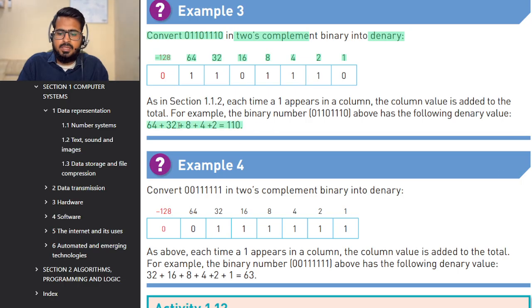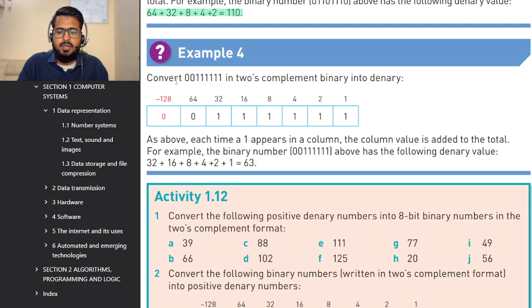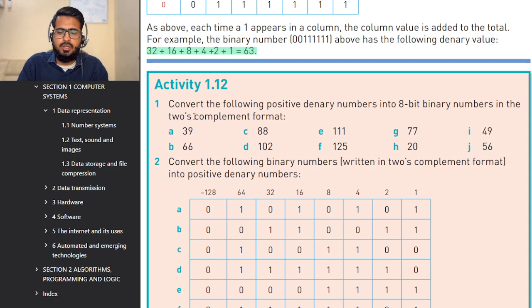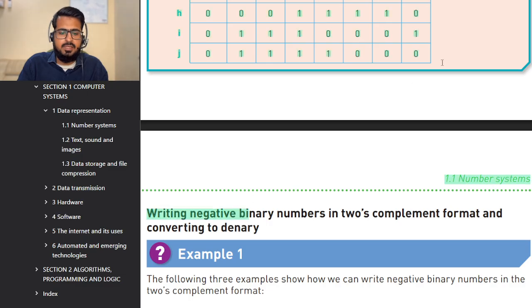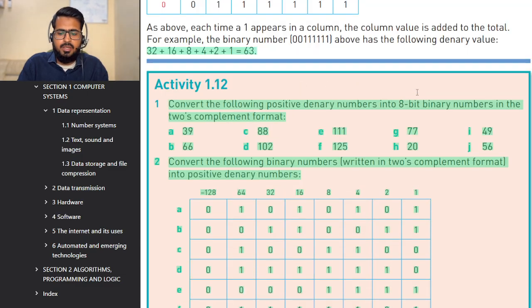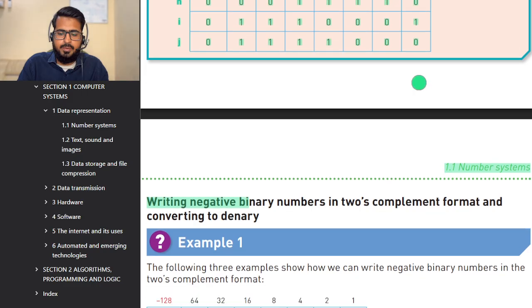You will get 64 plus 32 plus 8 plus 4 plus 2 is equal to 110, right? Another example, a positive one, nothing special here. Doing the same thing, 32 plus 16 plus 8 plus 4 plus 2 plus 1 is equal to 63. I would encourage you to do the activity sections by yourself, in order to have a good grip on the topic.